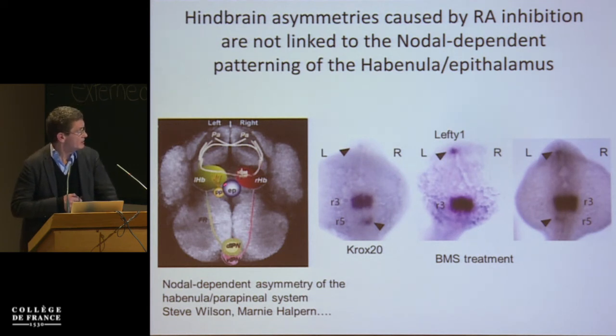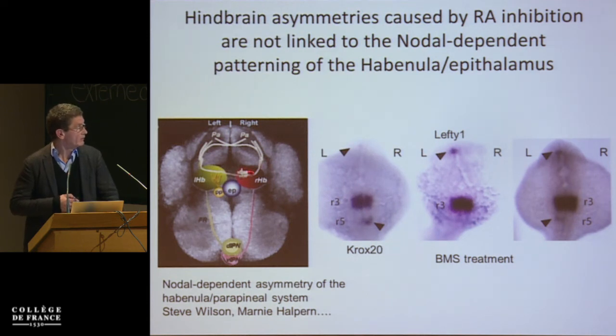This asymmetry, visible through the different morphology and projections of the habenular nuclei and the localization of the parapineal gland, is known to be downstream of Nodal, the same Nodal system that Julien talked about yesterday.